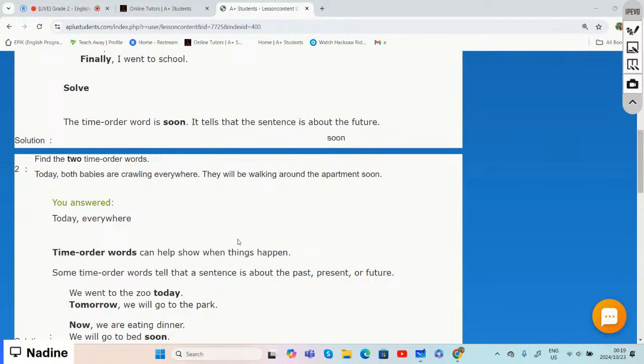All right. So now it says we need to find two time order words within the sentence. Two. It says today both babies are crawling everywhere. They will be walking around the apartment soon. We need to underline two time order words.